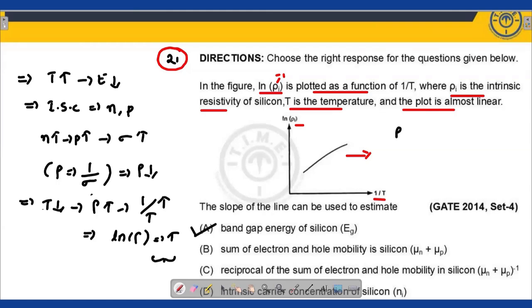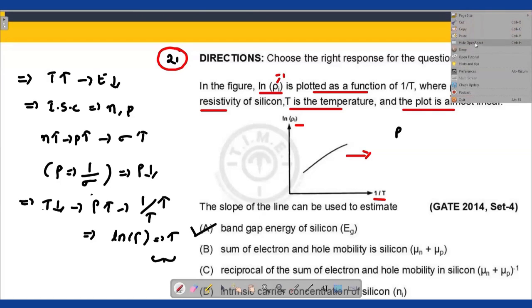Now, my dear friends, I am going to the next very important point. Ultimately, these are all the important things.